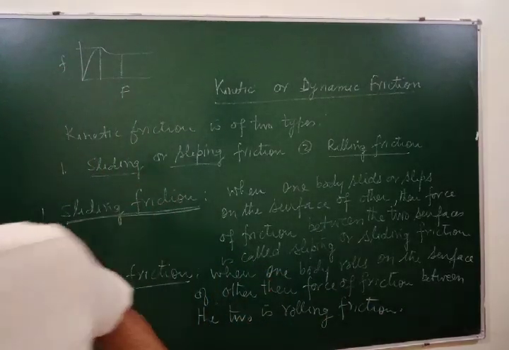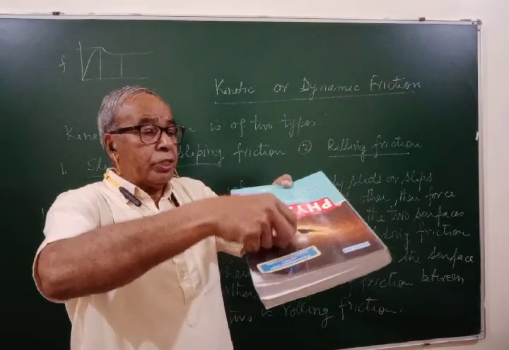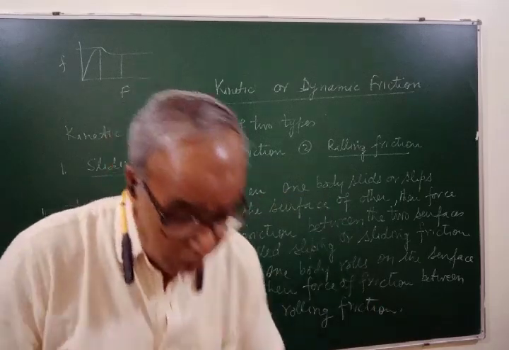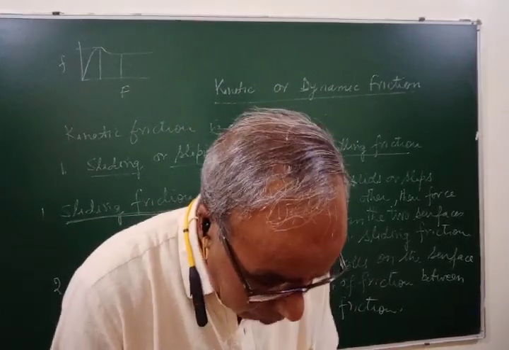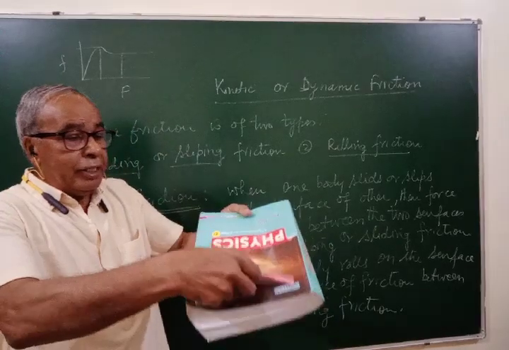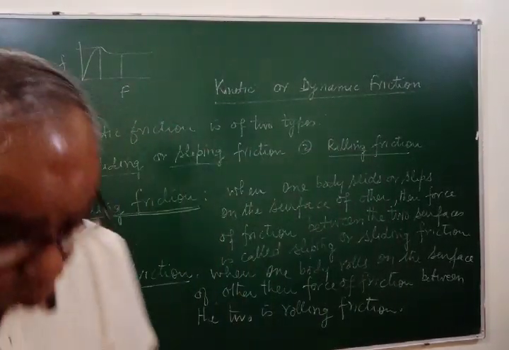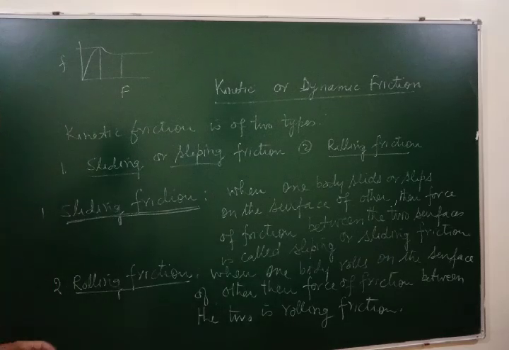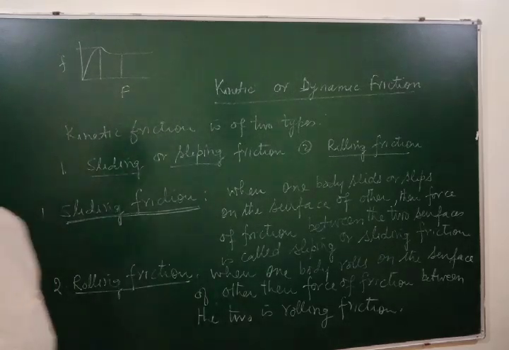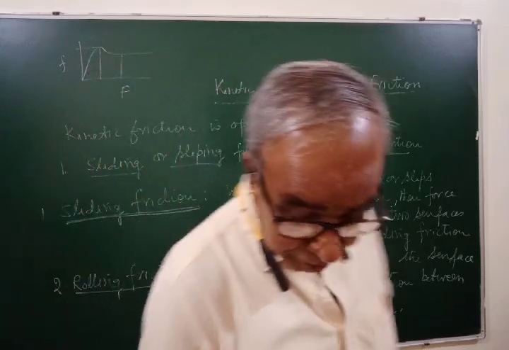And if this pen rolls here, ये रोल करता है तो रोलिंग फ्रिक्शन. ये नहीं करेगा रोल क्योंकि इसमें डिस्टर्बेंस है, ये रोल करता है ऐसे, ये रोलिंग फ्रिक्शन. So when one body rolls over the surface of another, then the friction between the two is called rolling friction.